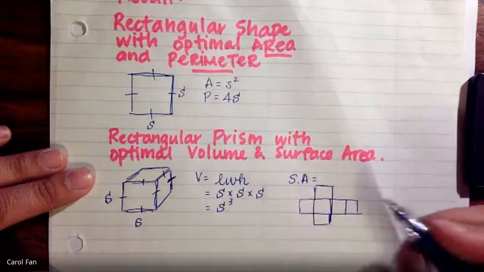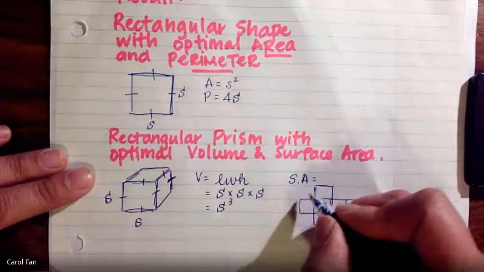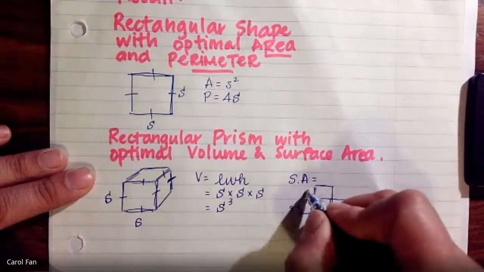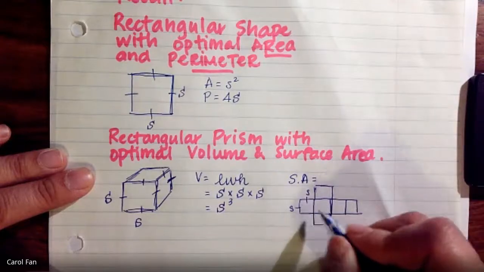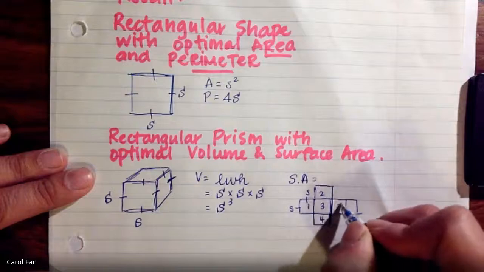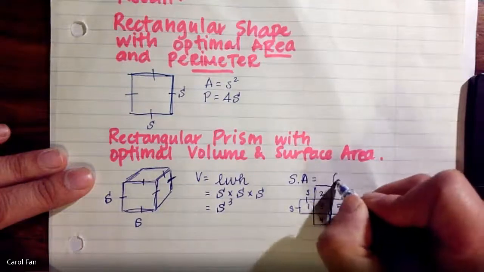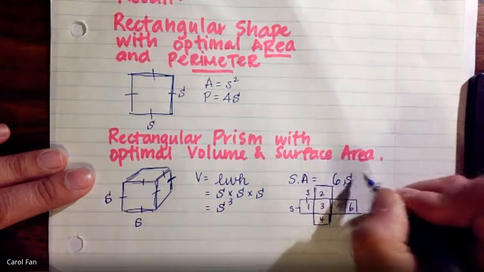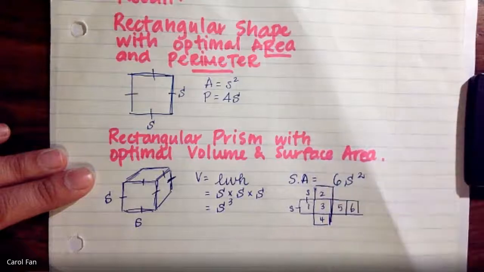So it looks something like this. Each one would have side squared as the area. And since I have six of them, my surface area would be 6s squared.